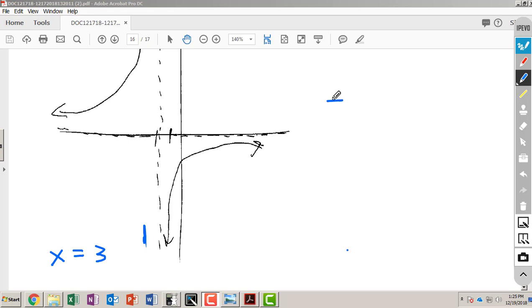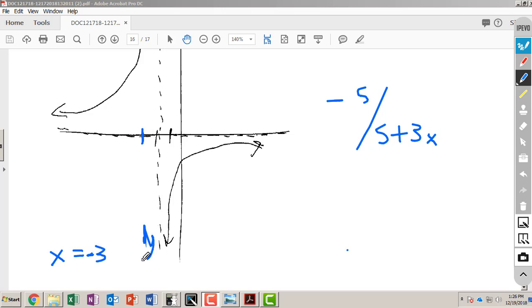I didn't put my negative sign in there, so that point is -3.